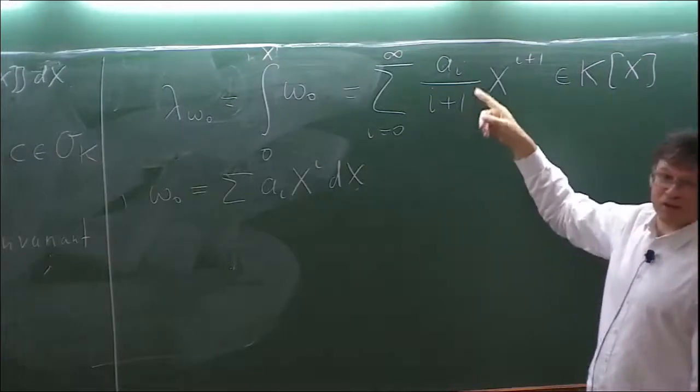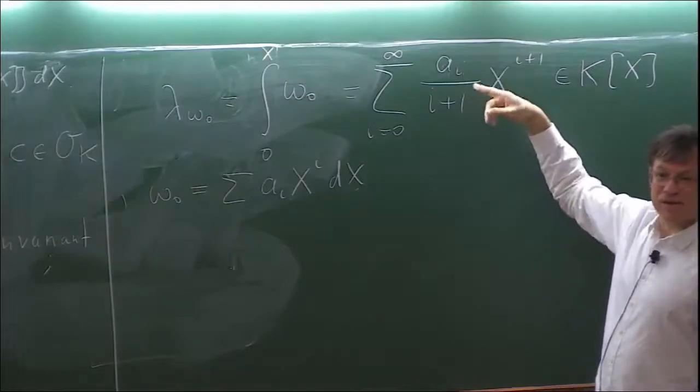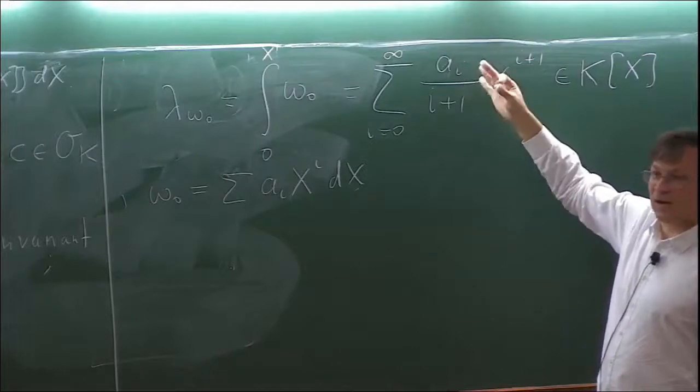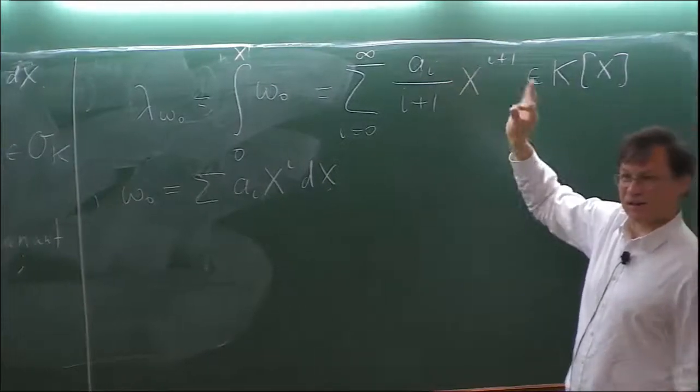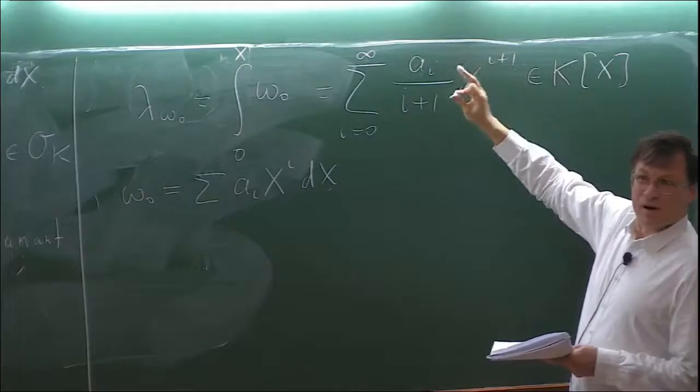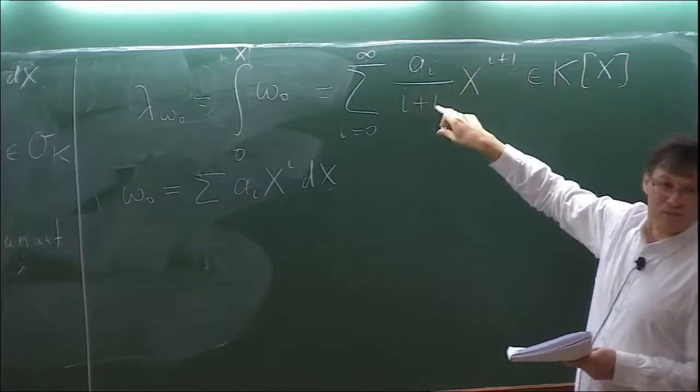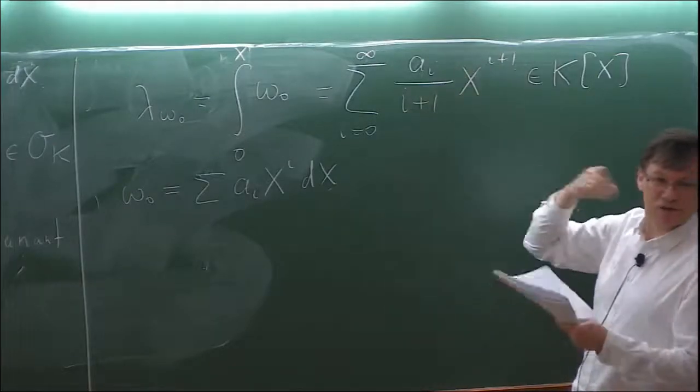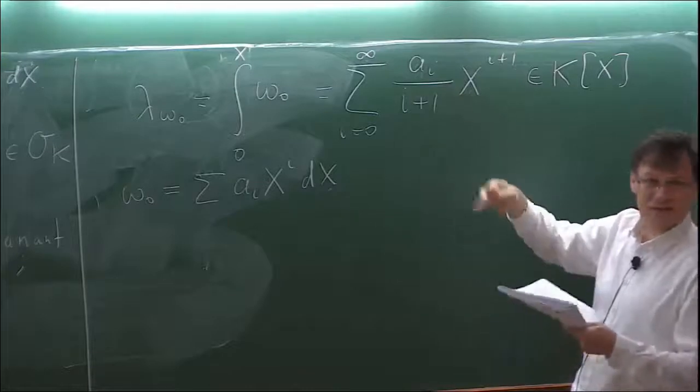But the denominators are controlled, and you see that it lives in the divided powers with respect to the ideal generated by X, so it has some crystalline nature.